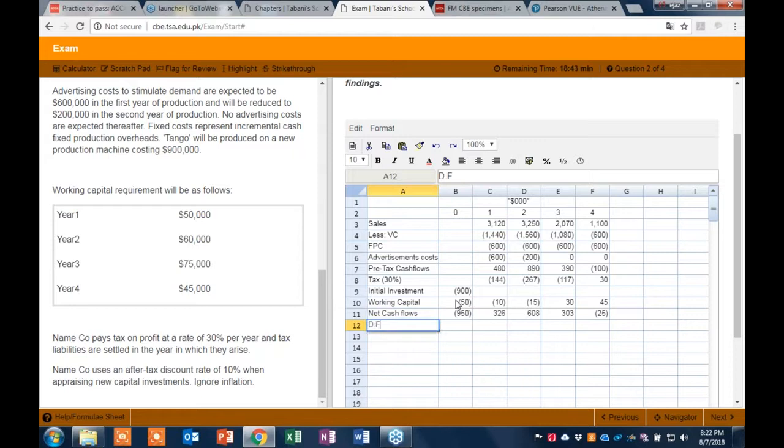Let's take the discount factor, and the discount factor should be at 10%. Let's go back to the formula. 1 plus 0.1, that is, the discount rate is 10%, to the power of minus, referring to the cells containing the years.